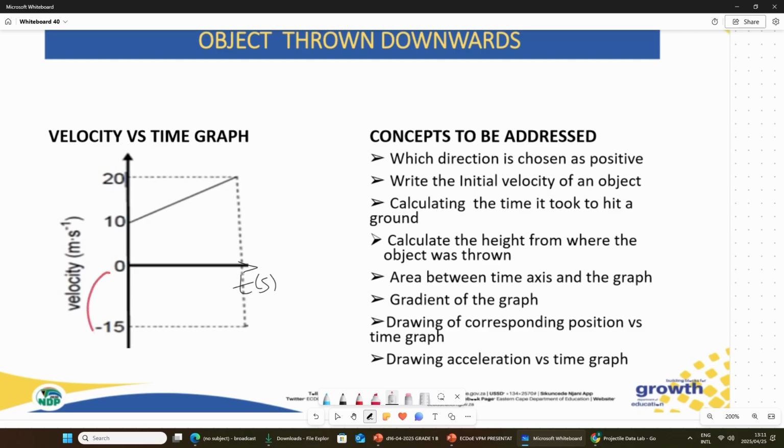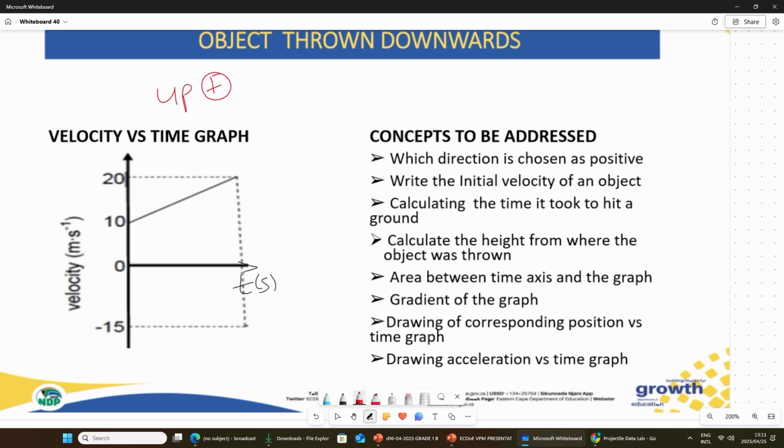Remember, below the time axis we have negative velocities, and above our time axis we have positive velocity. Our graph occurs above the time axis.